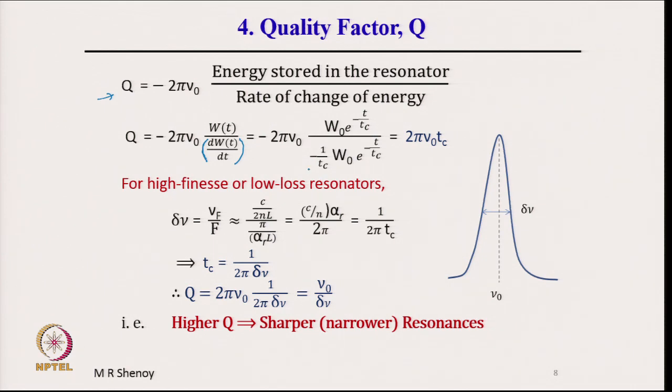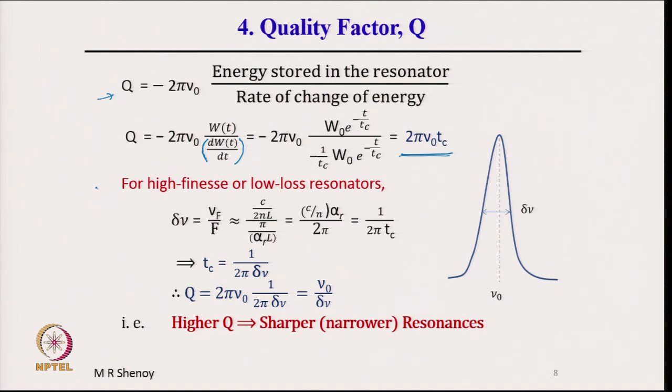Therefore, the minus minus sign goes, and what we are left with is 2 pi nu 0 into T c. So, this is the expression for quality factor of the resonator in terms of cavity lifetime T c, which is a measurable parameter. So, you can determine the quality factor by measuring the cavity lifetime.